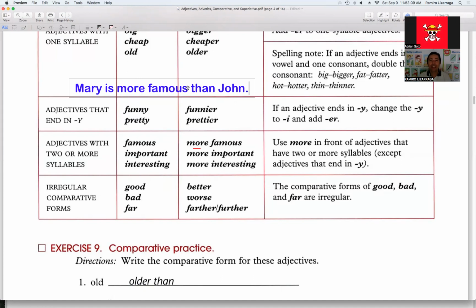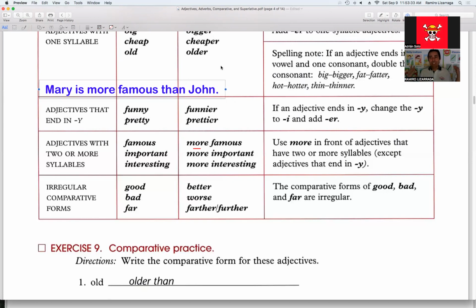Another question. I have another question for you. Hey, who is funnier? Who is funnier, Mary or John? A ver, Ashley, ahí te va la pregunta. Y la respuesta ya la dimos ahorita. Ashley, who is funnier? Mary or John?